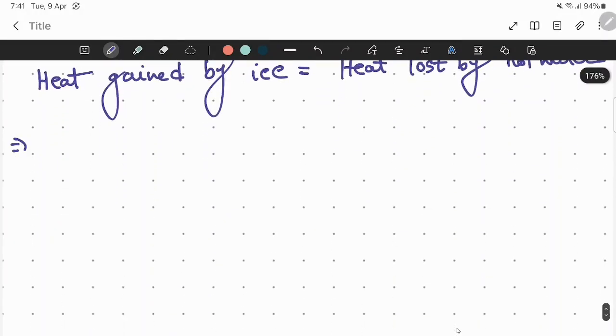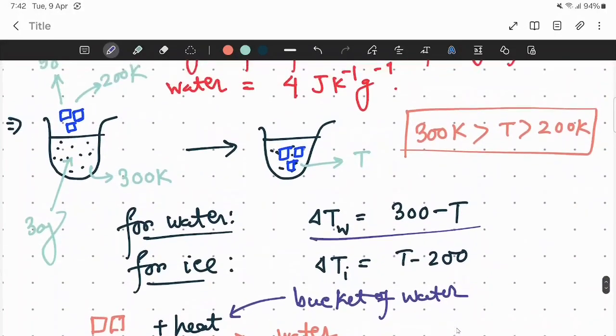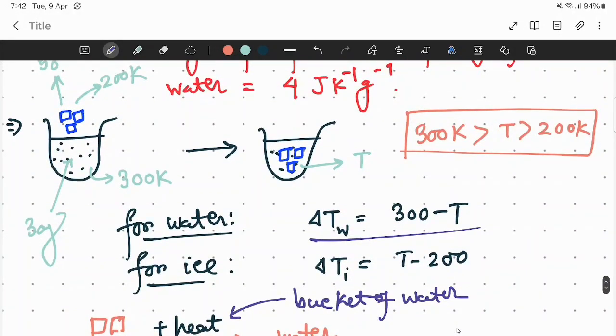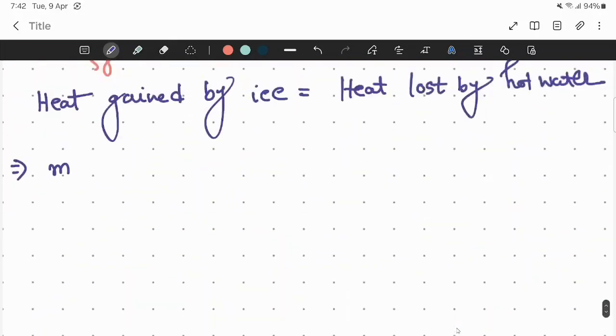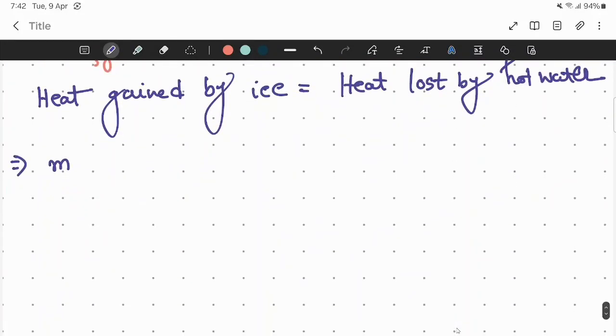So how much heat is gained by the ice? First is M, and this is given, right? 300. One minute. Del H is okay. Heat capacity is also there. No, heat capacity will not change due to the phase transition.